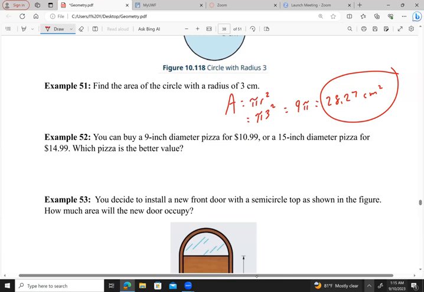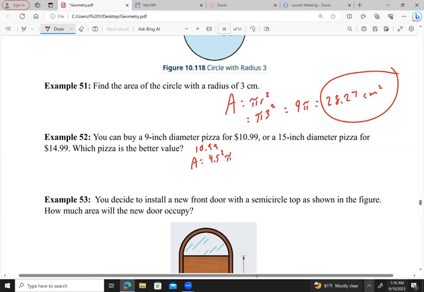You buy a 9-inch diameter pizza for $10.99 or a 15-inch diameter pizza for $14.99. Which is the better value? Sure. The $10.99 pizza area equals half of 9, 4.5 squared times pi.